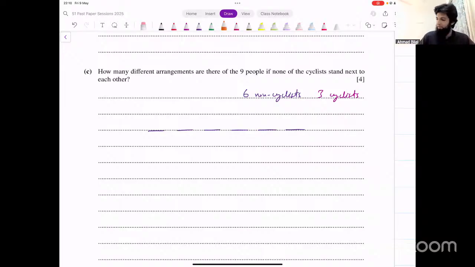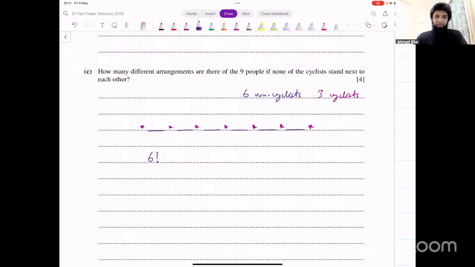And then in the spaces in between, we've got 1, 2, 3, 4, 5, 6, 7 gaps. The cyclists can come in these gaps. In how many ways can we arrange the non-cyclists? 6 factorial ways. There are 6 places for them and there are 6 people. That's just 6 factorial.